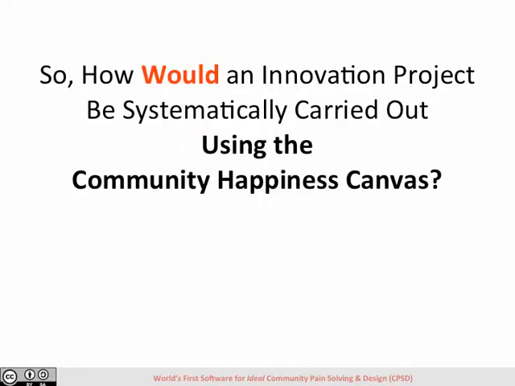So we have just talked about using the community happiness canvas to summarize details of a project that has been completed. But how would you use the community happiness canvas to systematically carry out an innovation project from the beginning?